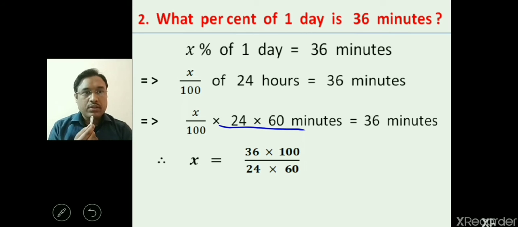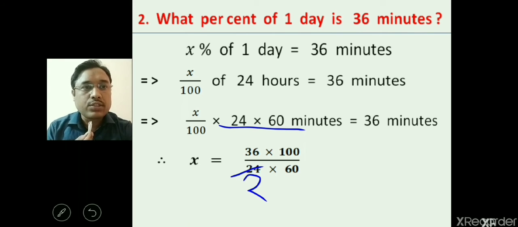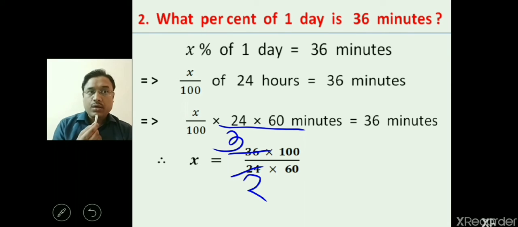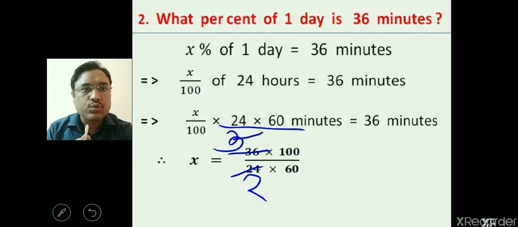How will you solve that? You can cut 12 into 2 times 24, and 12 into 3 times 36. Now you can cut 3 into 1 time, and this 60 you can cut 3 into 20 times.